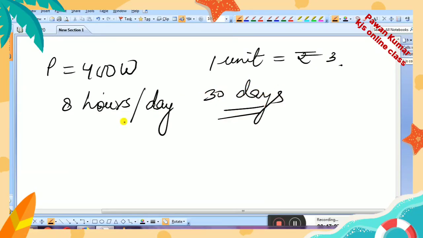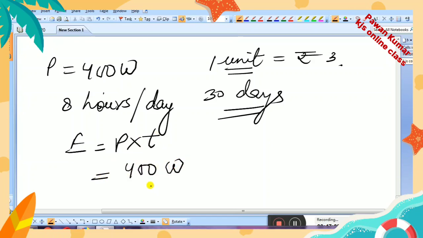So to calculate units, meaning kilowatt hour, we need energy. Energy is equal to power into time. Power is 400 watt. First of all you convert this 400 watt into kilowatt. How? By dividing by 1000.